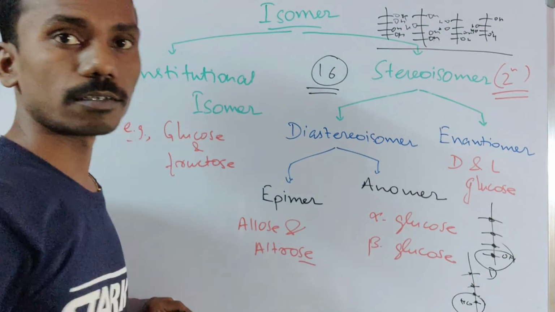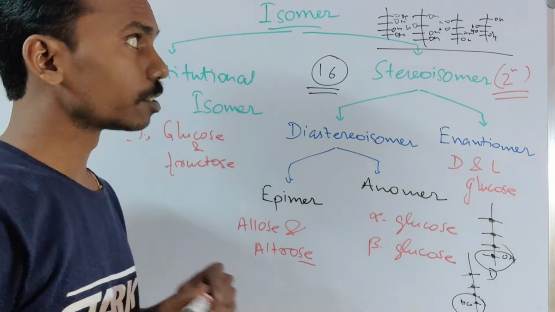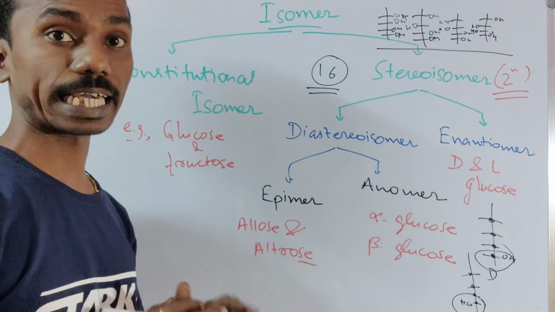All these are the diastereoisomers of glucose. This is how diastereoisomers can be defined.